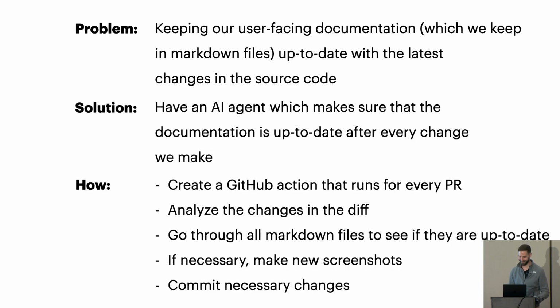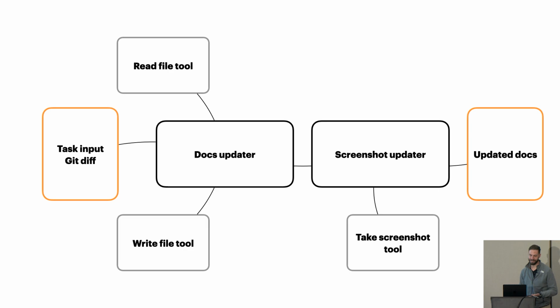Nice. All right, at least in our example, this can be a super simple crew. We have the task input, which is going to contain the diff of the changes that we made. Then we have the first agent, the doc updater. It has access to tools to read the documentation and to write the files again.